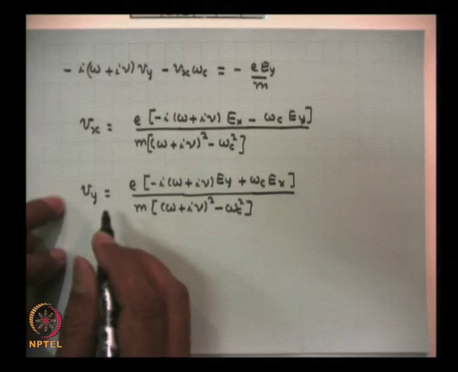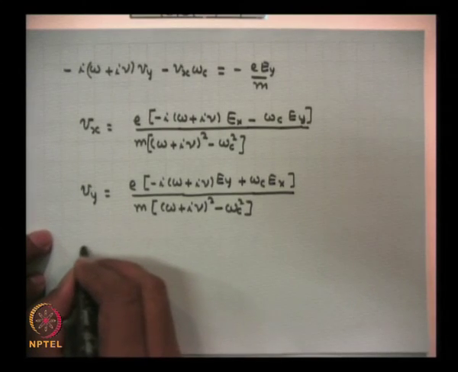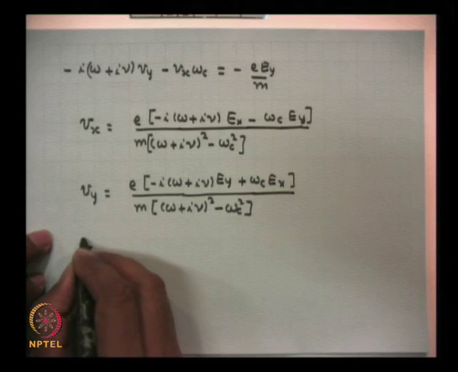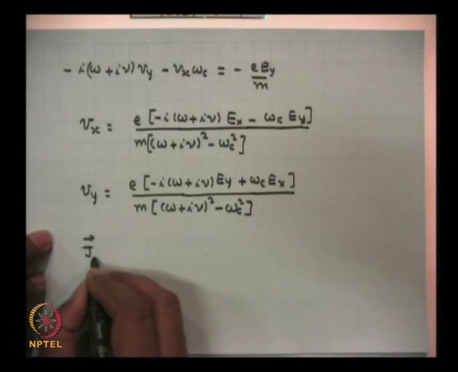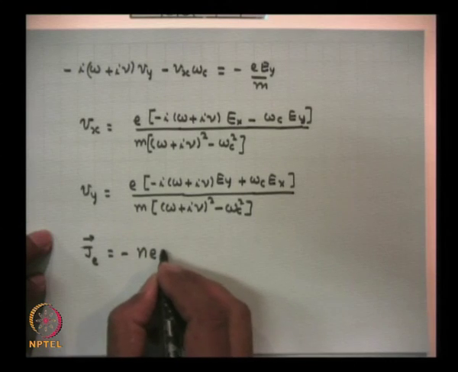Once we know the velocities of the particles, or drift velocities of the electrons, you can write down the current density. Current density due to electrons I will write as minus NeV.